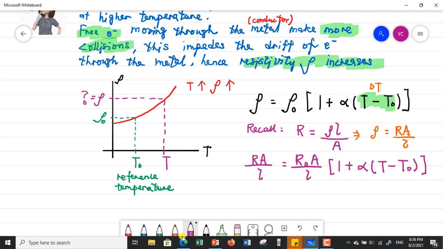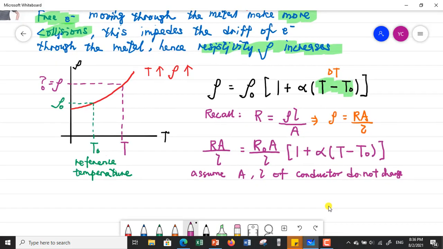We assume that when we heat up the conductor, the area and the length of the conductor are constant. They do not change.